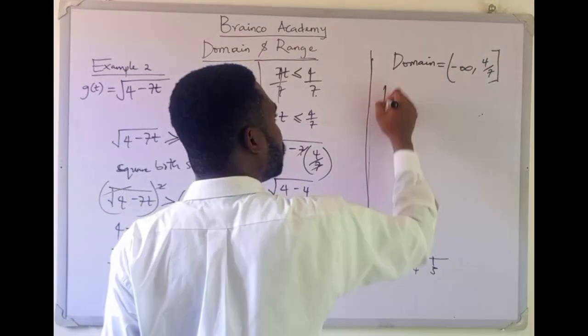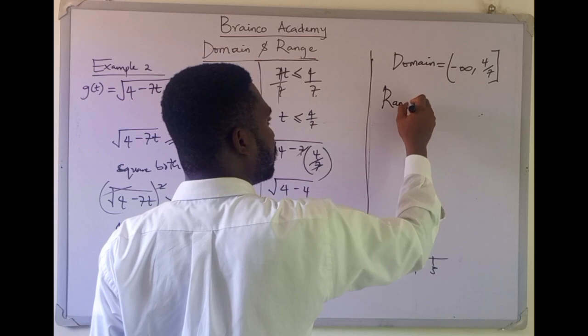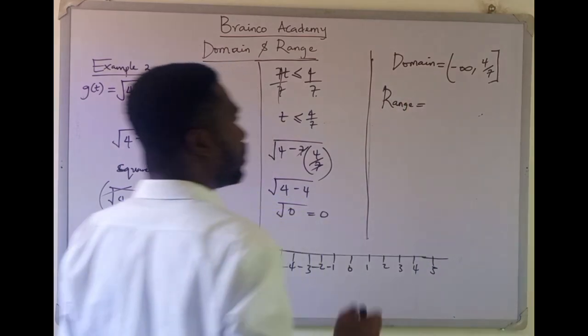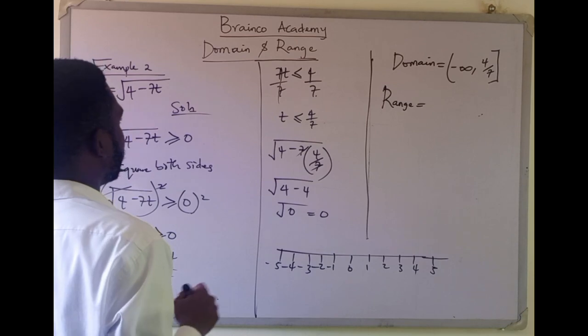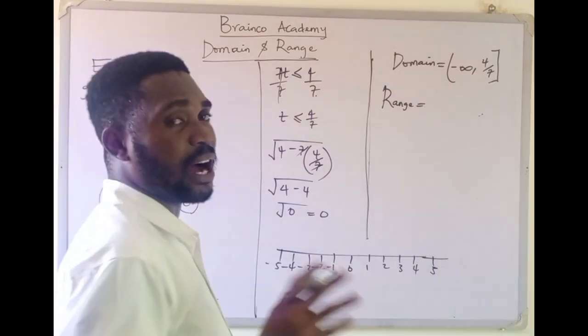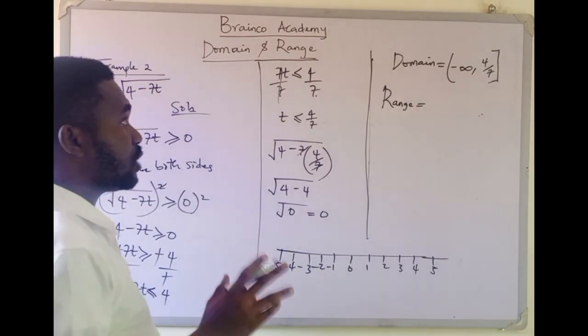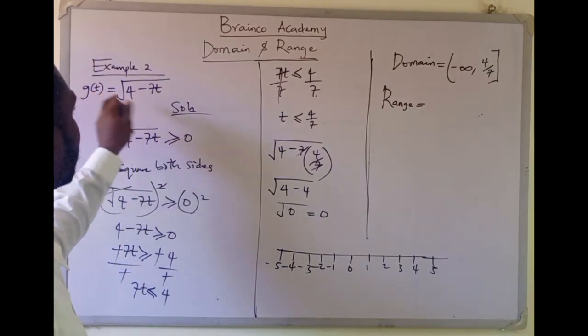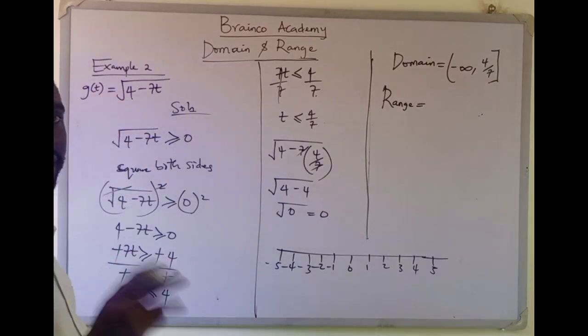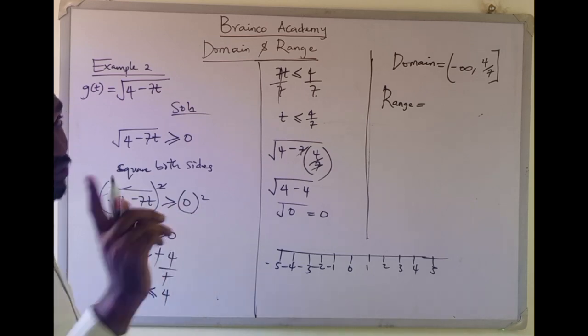So now how do we write our range? Our range is actually very simple. We said it is the output values. In a square root like this, we can't have a negative output.